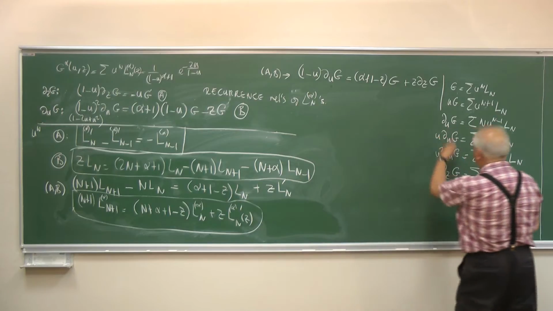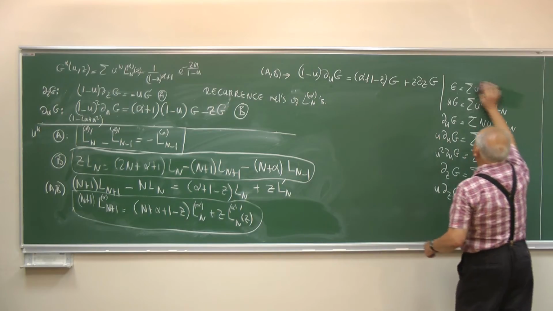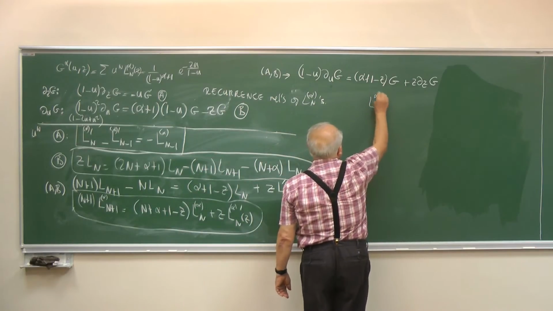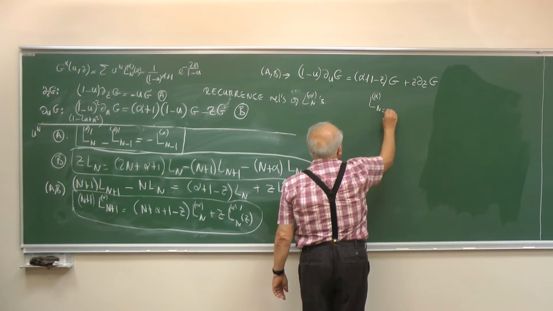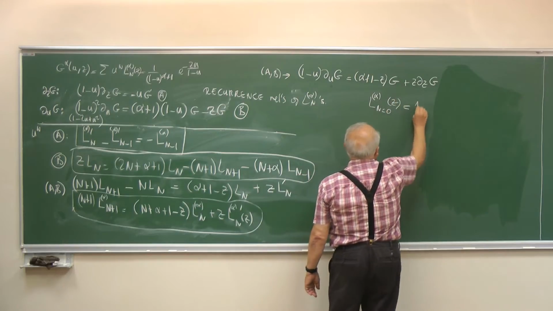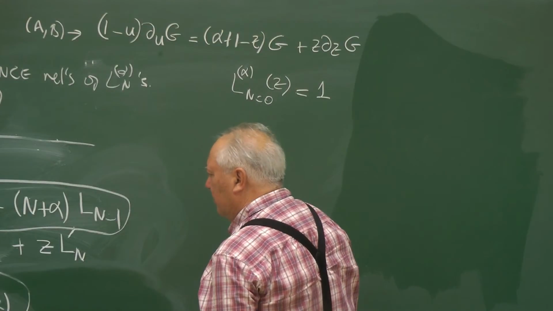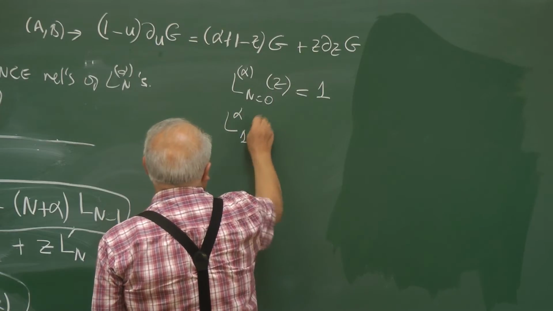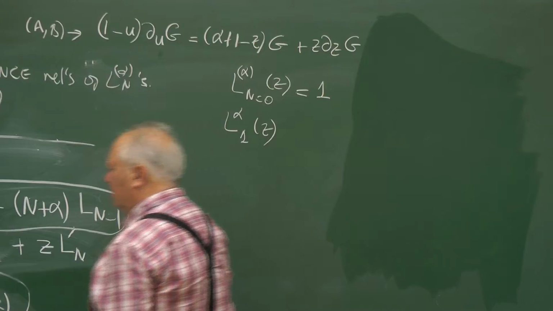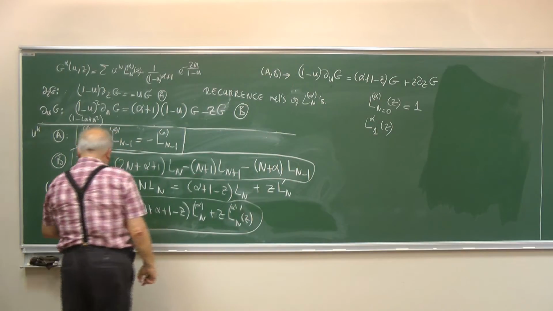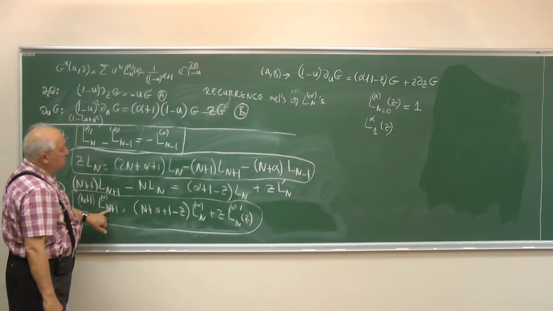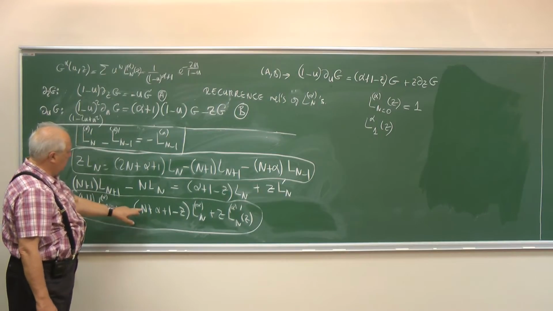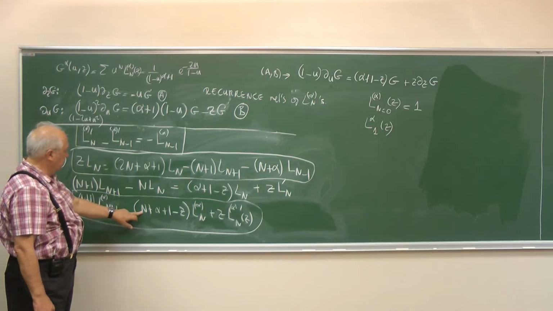I'm erasing because we wrote the relations. We know that L alpha n equals 0 of z is equal to 1. Now let us get L alpha 1 of z using this recursion relation. So to get to L1, we can put n equals 0.